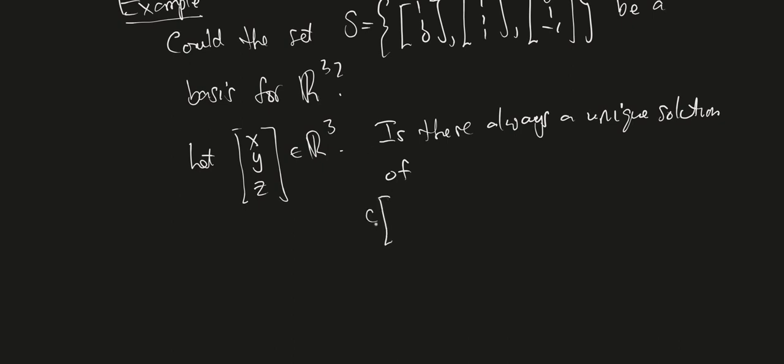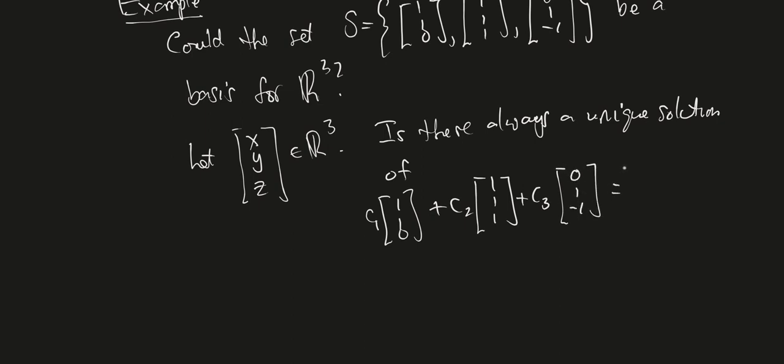C1 times our first vector, plus C2 times our second vector, plus C3 times the third vector, and then I have on this side x, y, z.